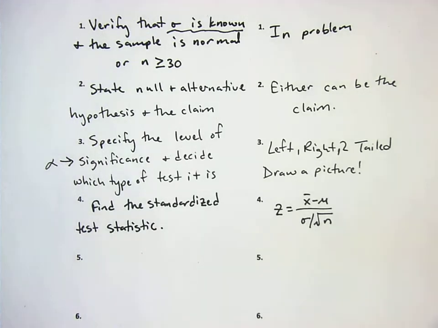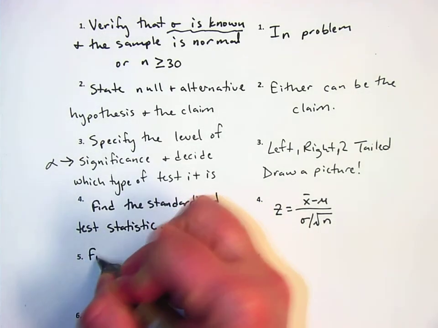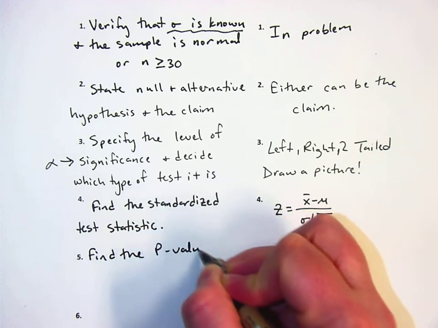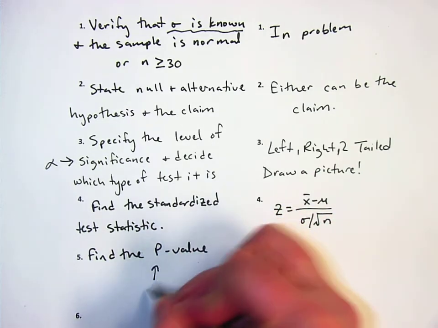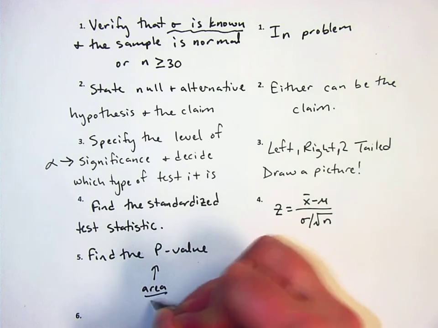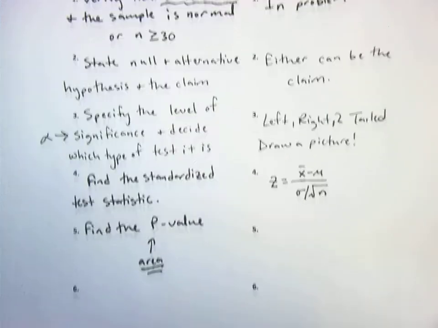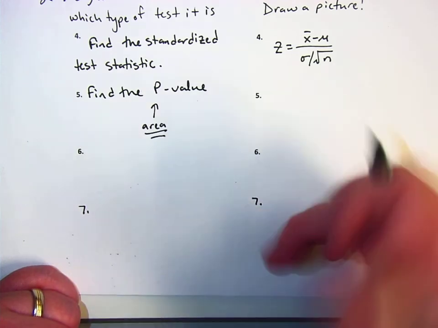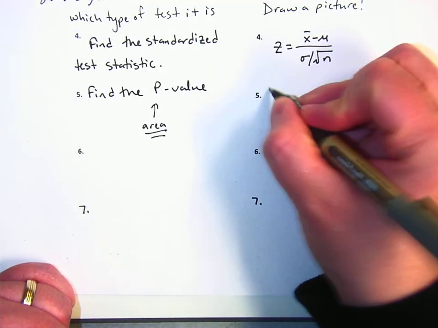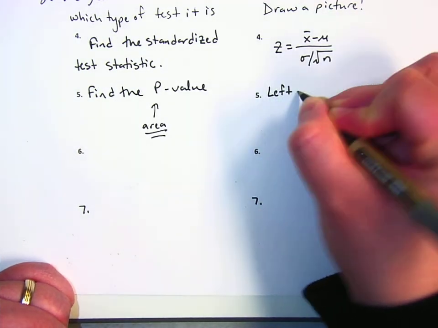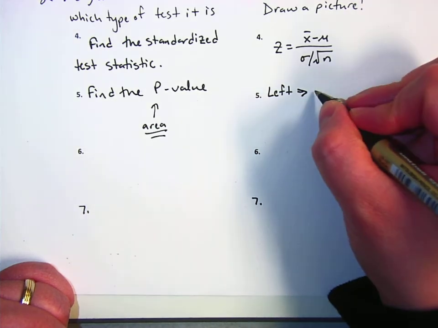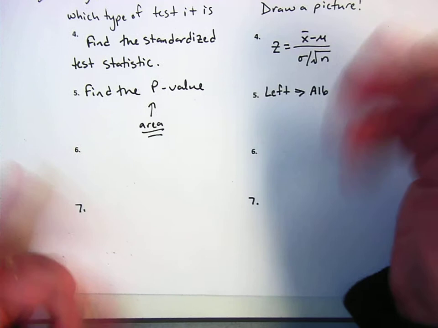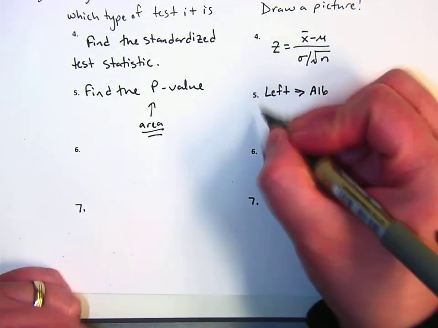Okay. So next you find the p-value. P-value is an area. By the way, I'm adding step 7 down here again. So if it is a left-tailed test, you just look it up on page A16, look up the number, the area to the left is already highlighted.